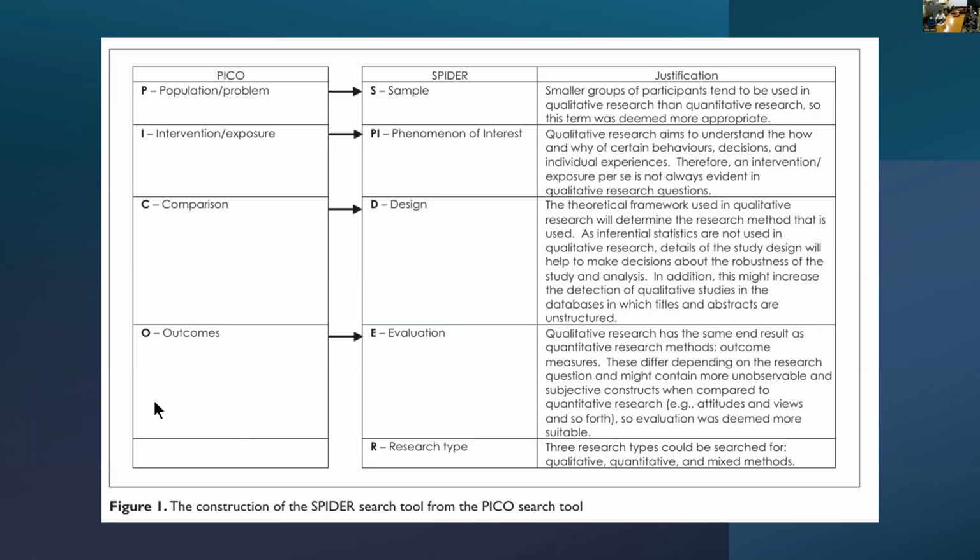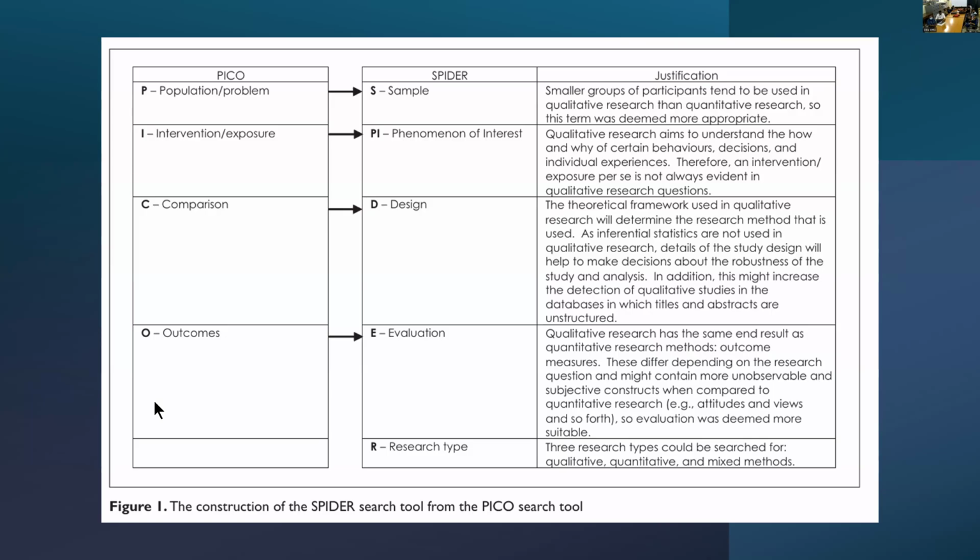The next thing is intervention or exposure. In a qualitative study, you're not looking at intervention. You're basically looking at why a patient behaves in a certain way, why they make those decisions, what is the individual experience. So they have replaced that with phenomenon of interest. So that stands for P and I. Third thing is comparison.